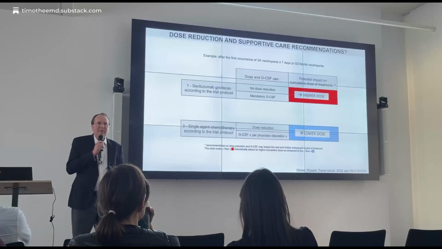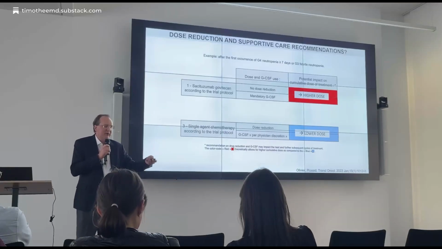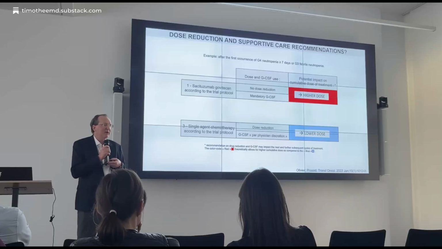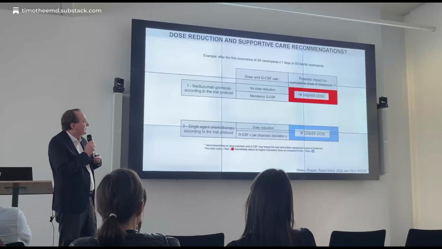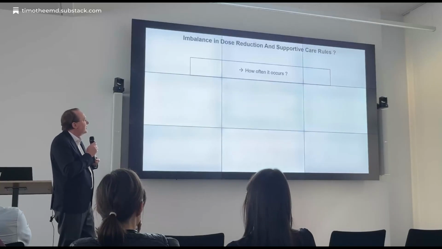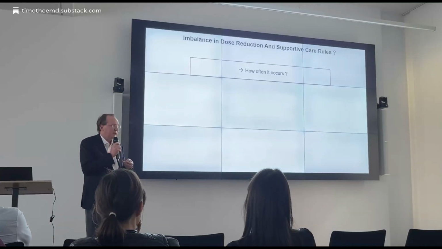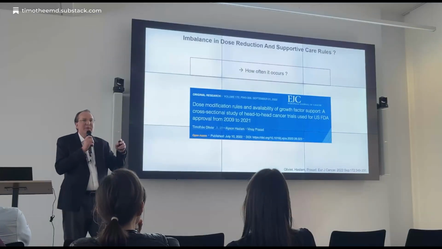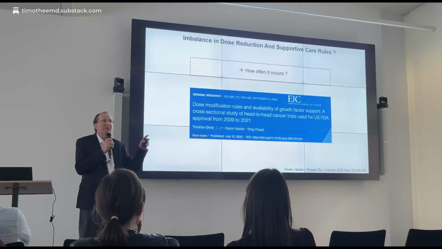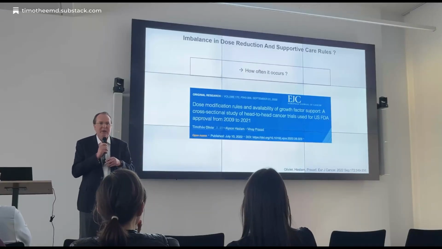Okay, now, I hear you again, you say, okay, Timothée, you are showing us this example of ASCENT, but maybe it's very isolated, maybe you are cherry picking one trial like that. So we looked at all approvals over a 13 years period of time, again with Alison Aslam and Vinay Prasad, and basically we selected all trials where we could compare these dose reduction rules and GCSF rules.